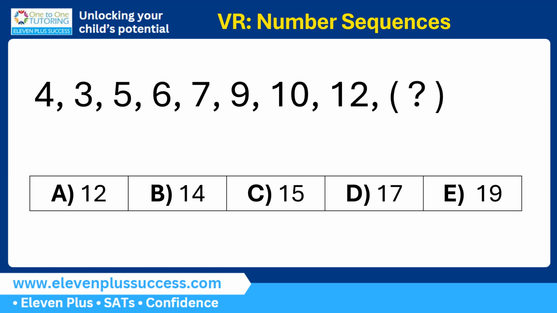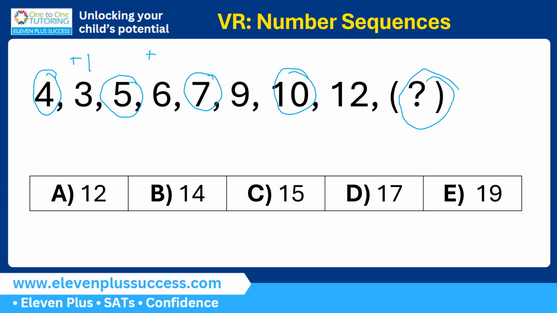Let's have a look at my next type of problem here. 4, 3, 5, 6, 7, 9, 10, 12. Already I can see there doesn't appear to be any clear pattern between my numbers. So my first step again is to have a look at if there is a leapfrog pattern. 4, 5, 7 and 10, and then looking for this number here. 4 to 5 is add 1, 5 to 7 is add 2, and 7 to 10 is add 3.